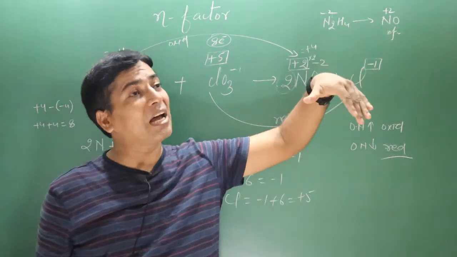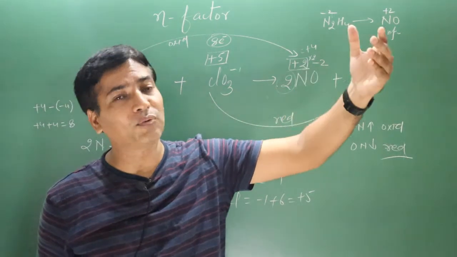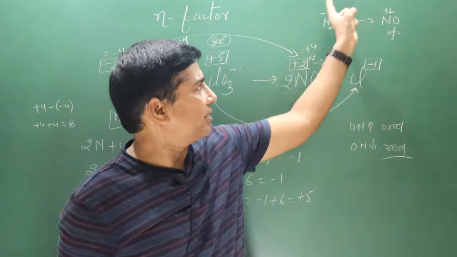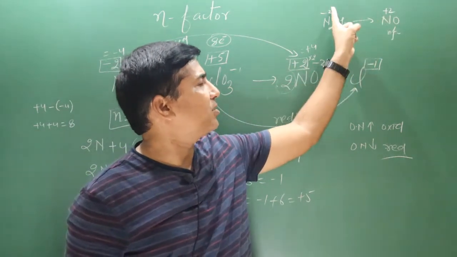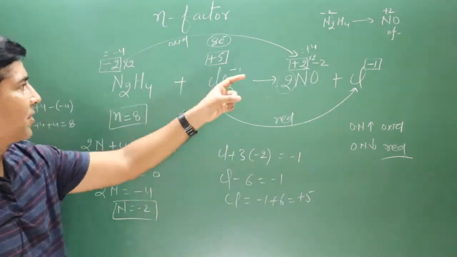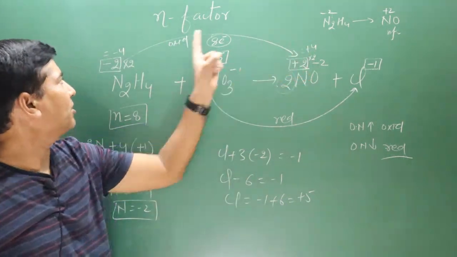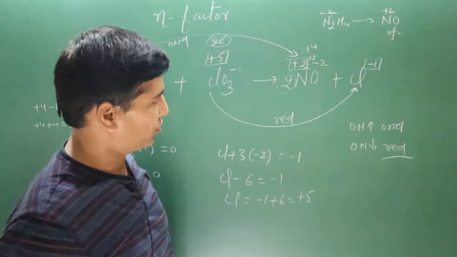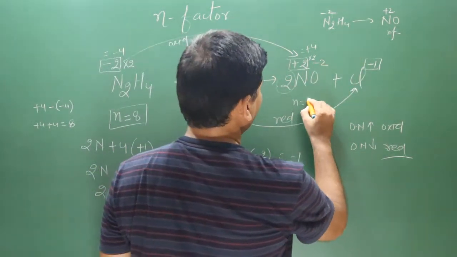So it depends on what kind of compound we have to calculate n factor values. Now find the difference. It is plus 2 and it is minus 2. So plus 2 minus minus 2 is equal to plus 4. So in this case the n factor value will be 4.